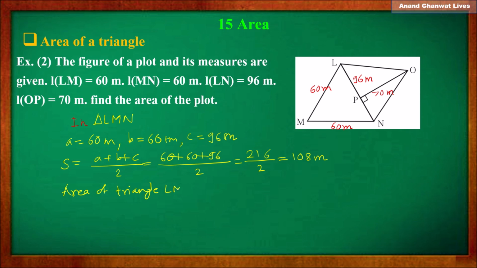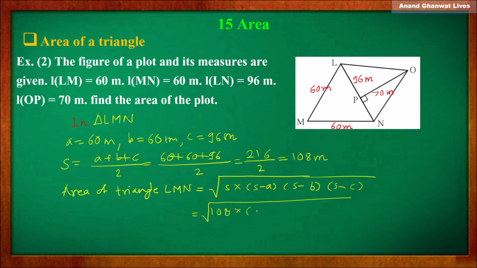Now by Heron's formula, area of triangle LMN is equal to square root of s into s minus a into s minus b into s minus c. So it is equal to square root of 108 into bracket 108 minus 60 into 108 minus 60 and into 108 minus 96.